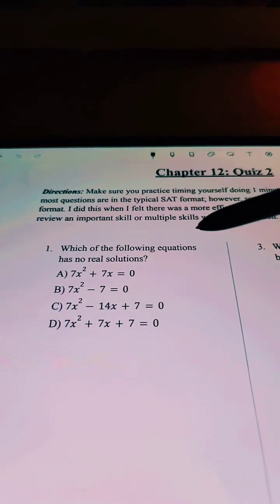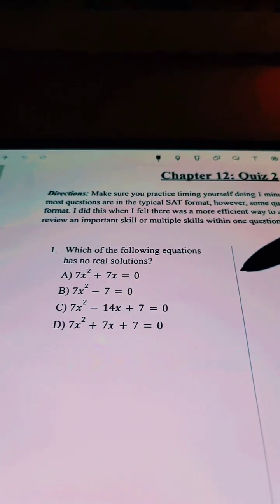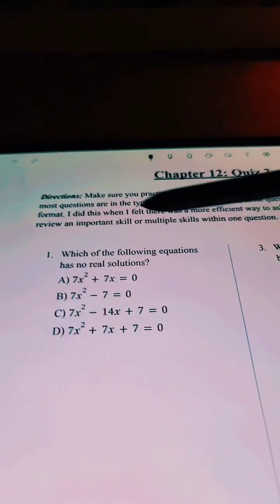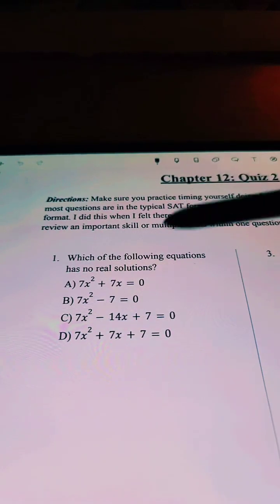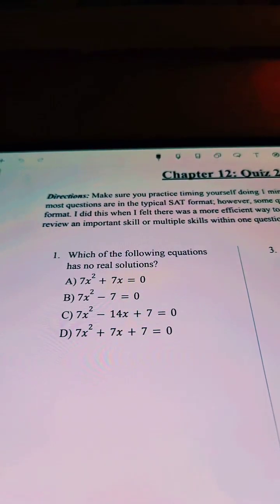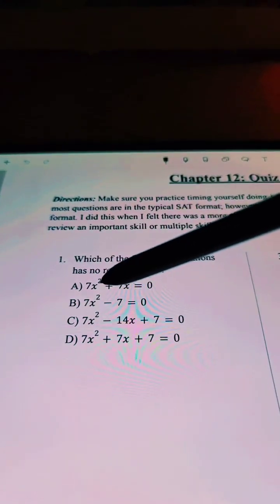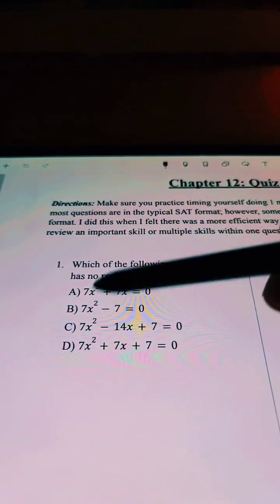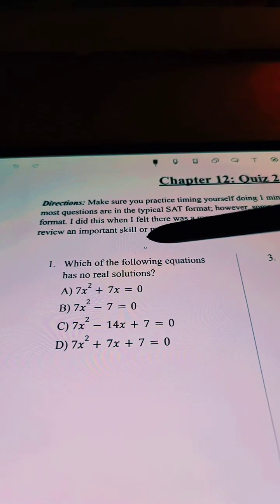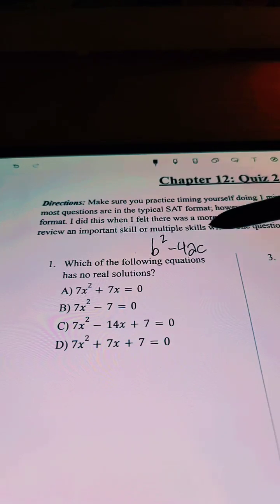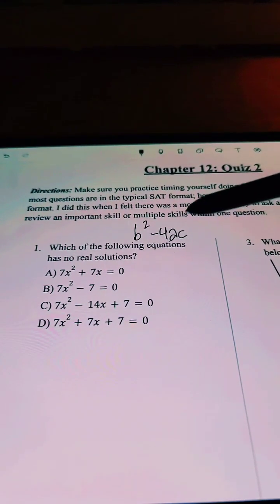Which of the following equations has no real solutions? If we're talking about a quadratic, something with a highest degree of 2 as the leading exponent, and they're talking about the number of real solutions, you're usually going to be using the discriminant formula.